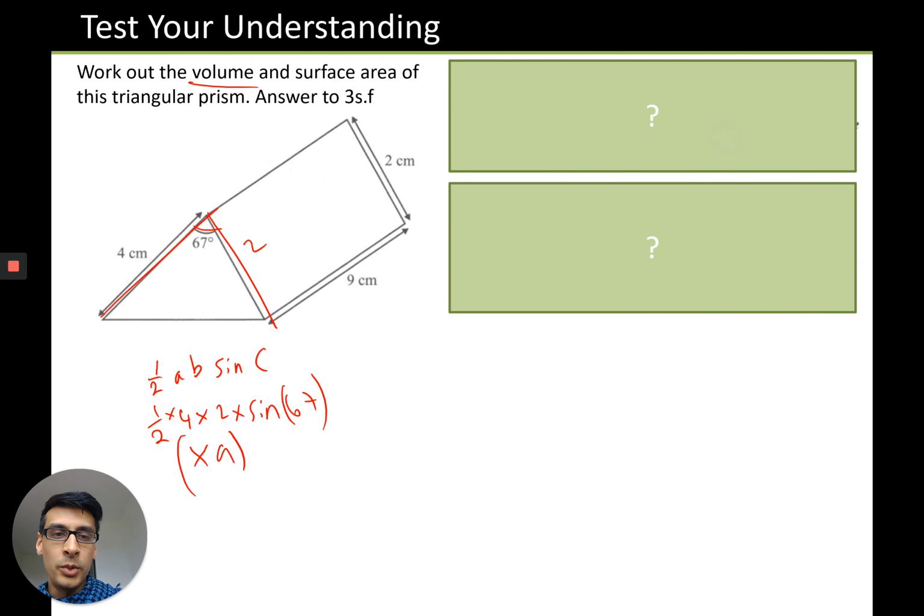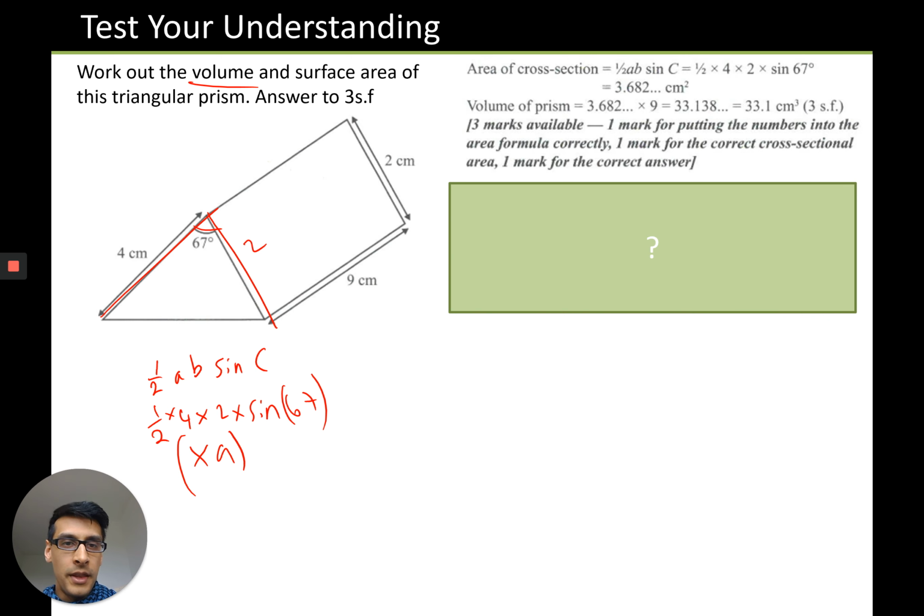So 33.13. That is your answer for your volume. Now we need to work out the surface area. This is going to be a little bit longer, but I'll summarize it for you briefly.